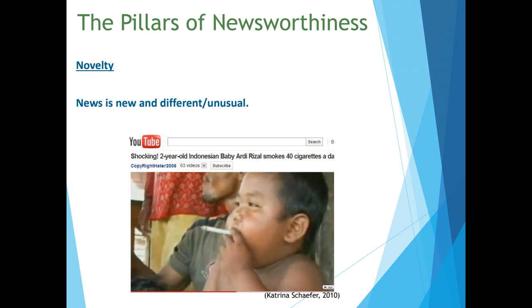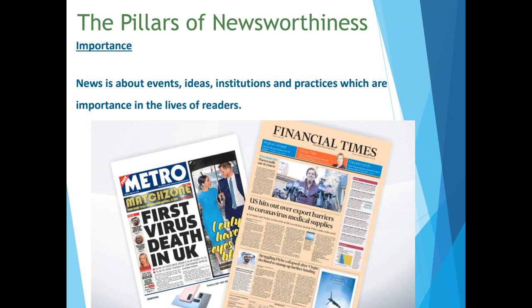The more of the pillars that are ticked off, the more important the story is, and the further forward it would be in a newspaper. The stories on the front page or the second page are the ones that tick all the boxes. Those would be novelty, so something new or different or unusual.